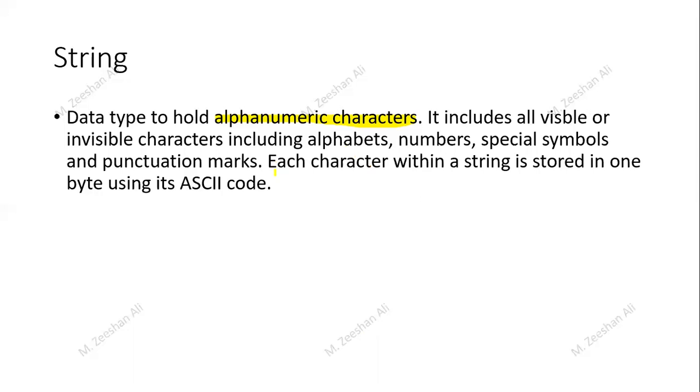So whenever we declare any variable as a string and we store any value, the ASCII codes of those values are going to be stored in that variable. Okay, let's move further.